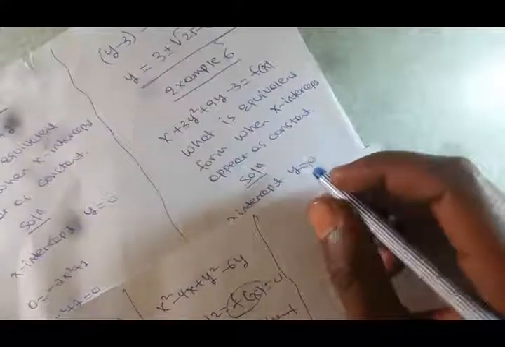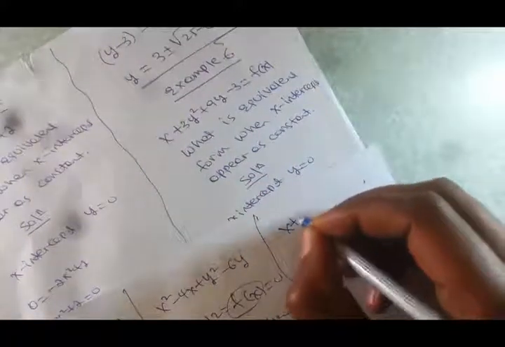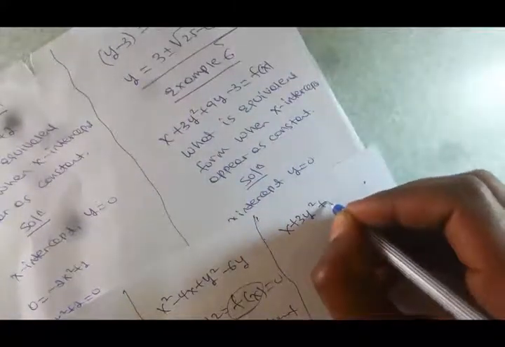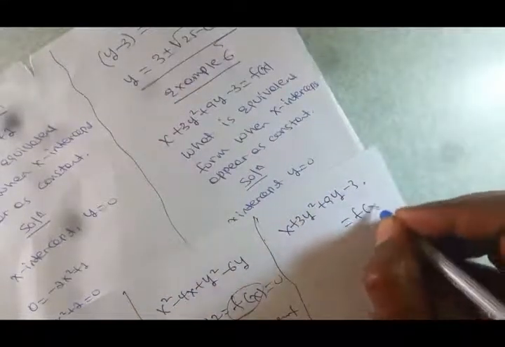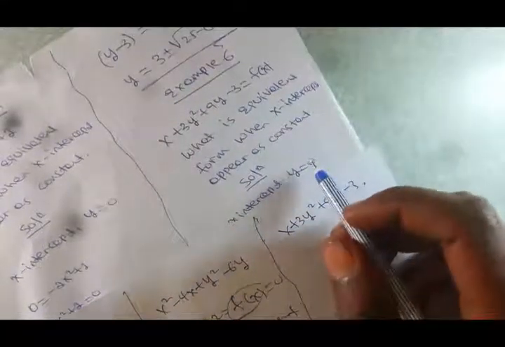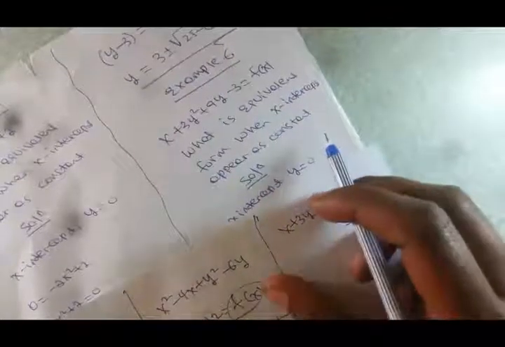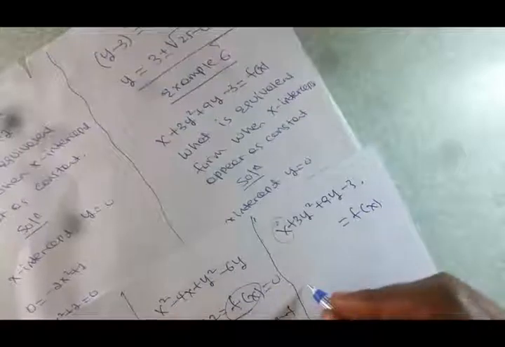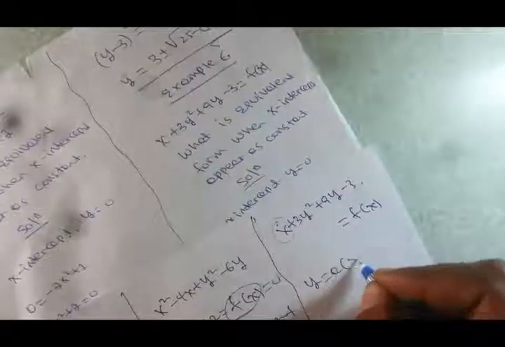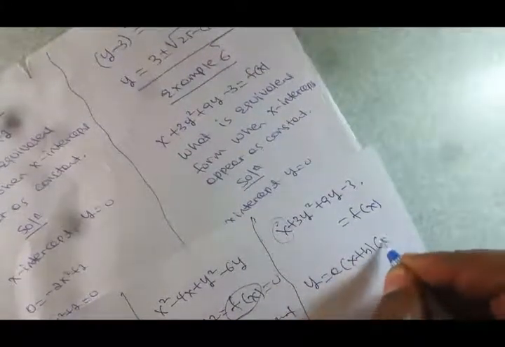And example 6 says that x plus 3y square plus 9y minus 3 is equal to f of x, and we are asked to find the equivalent form when the x-intercept appears as a constant. Because it is two variables, it contains x and y, we cannot write y equals a times x plus b times x plus c.